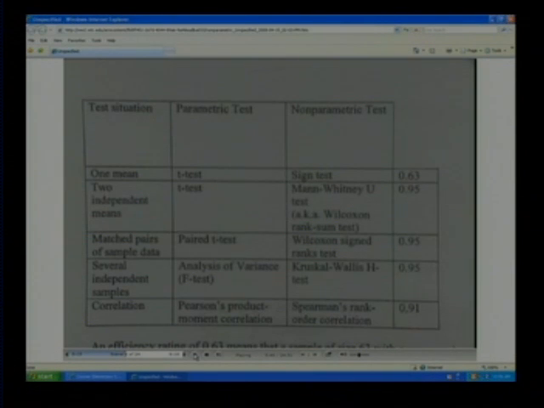So efficiency may not be a critical parameter when you're trying to figure these things out. The sign test, the first one, is relatively easy to calculate. I won't go over that.